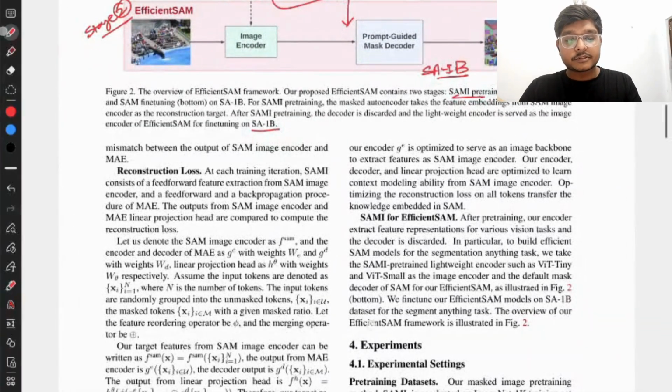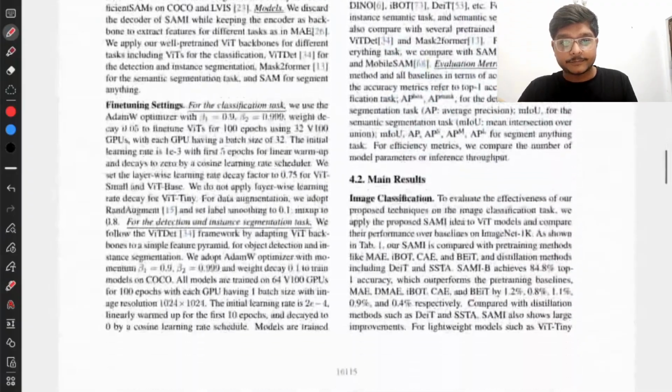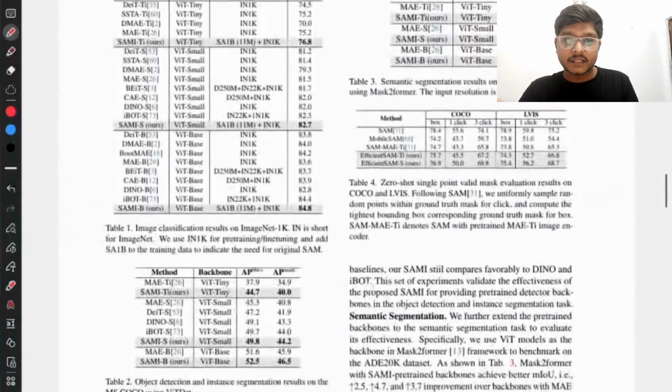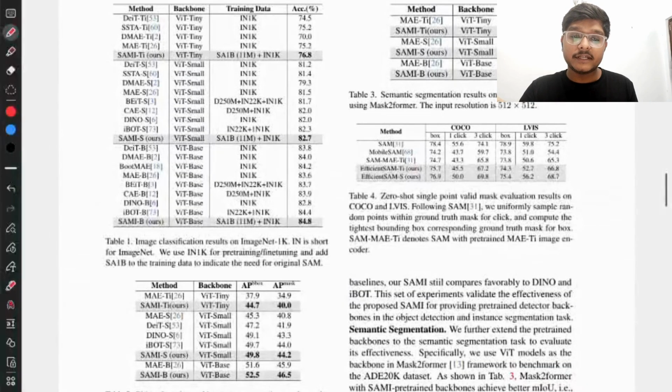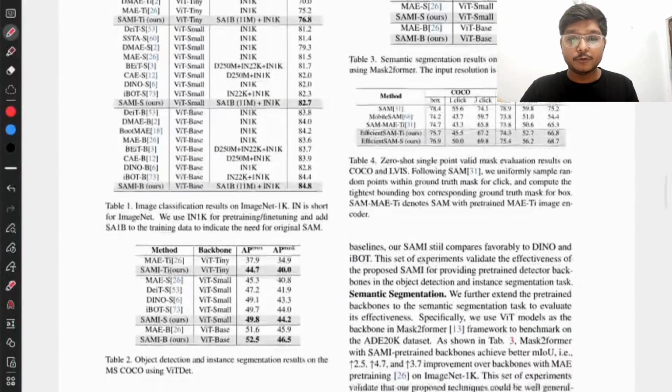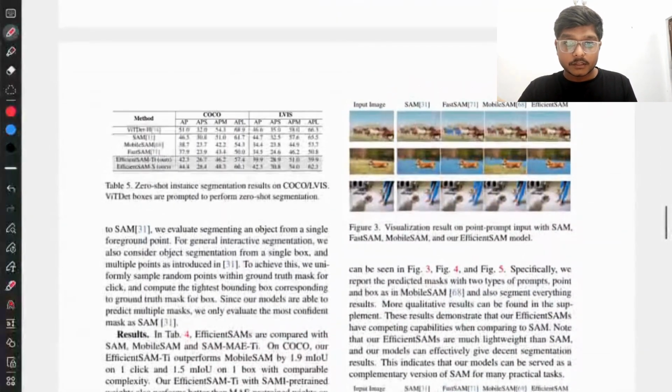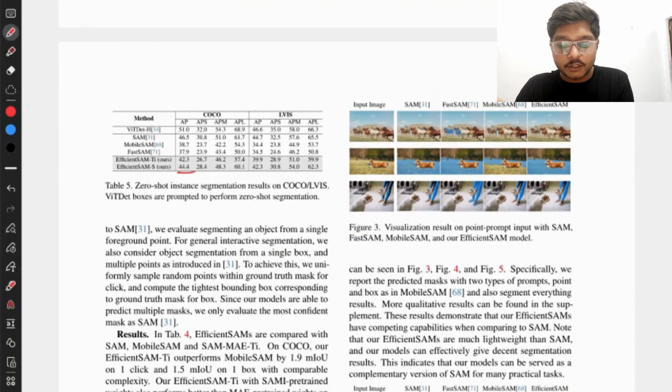Now we get our outputs, and let's look at the quantitative results from this paper. The results validate the feature reconstruction approach as a new benchmark. In zero-shot segmentation, EfficientSAM achieves 44.4 AP on the COCO dataset.